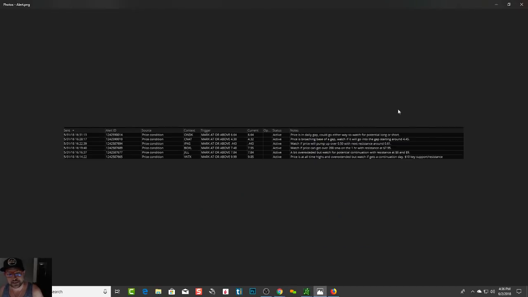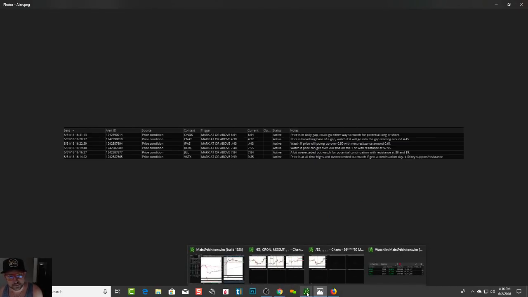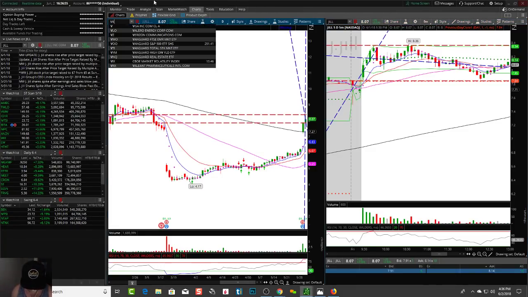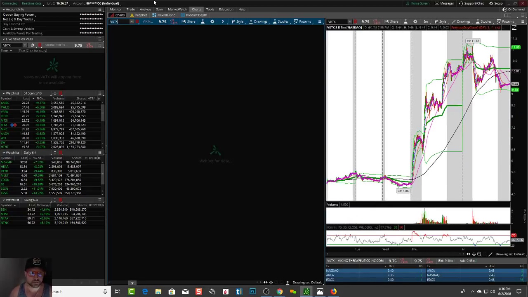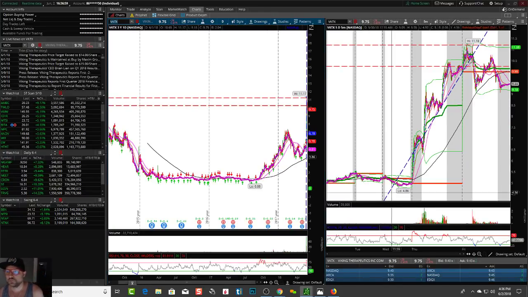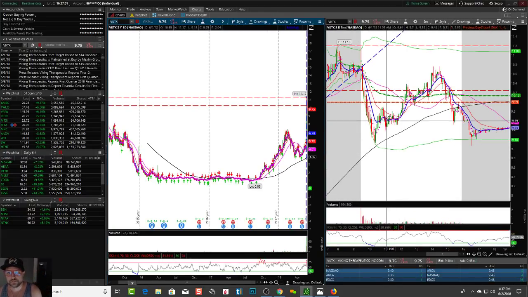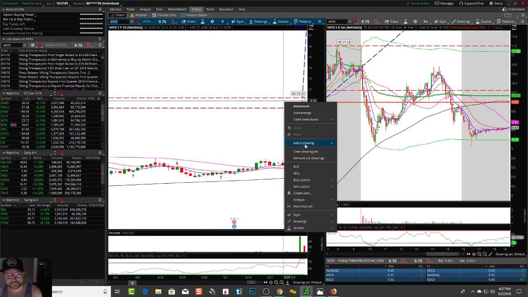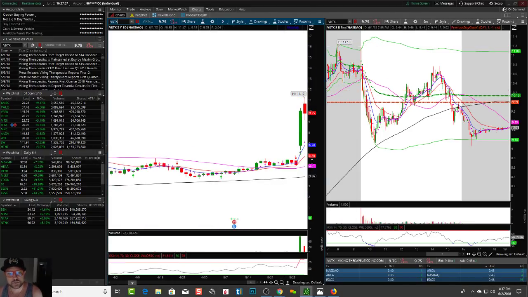So going back to VKTX, I put at or above 9.99. Let's see what that one did. These are the ones where, when they have a big green day like this, many times they'll get a continuation day, but it gets a little bit messy.